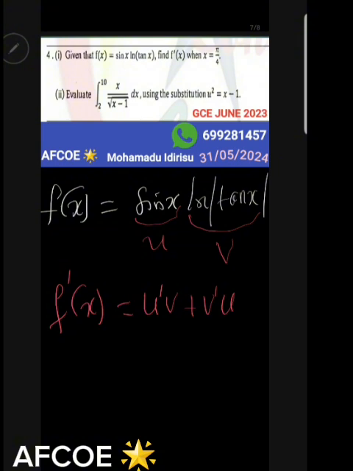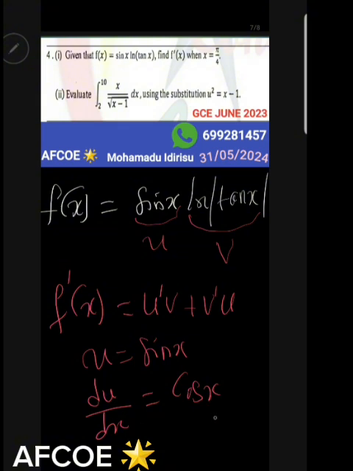Now to apply it, let us take it gradually. Since u is equal to sine x, then the derivative of u, du/dx, will be equal to cos x. Some people always confuse the derivative of cos and sine. Is it sine that gives negative cos, or cos that gives negative sine?